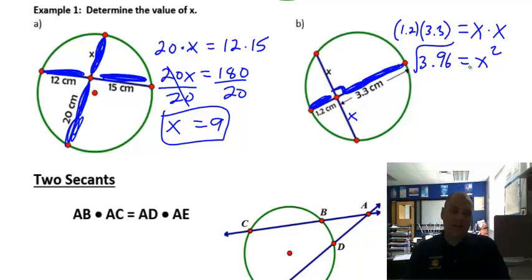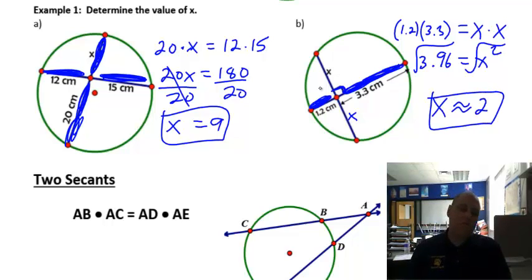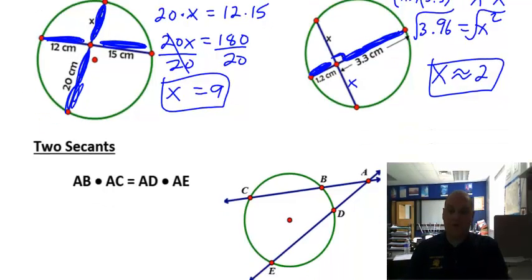All right, and then I just take the square root of both sides, and x is approximately 2, like 1.99 or whatever, so we're just going to call it approximately 2. All right, so it's 2, 2. And that's basically how that works.